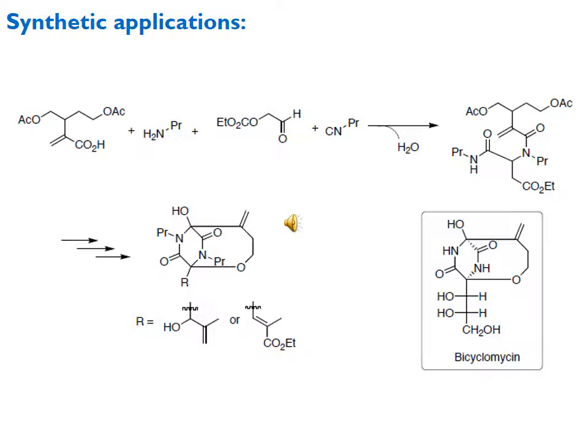The drug bicyclomycin has been synthesized after a number of steps, and one of the steps involves the Ugi product formation, which has been formed from a carboxylic acid, amine, aldehyde, and isocyanate. Four functionalities are treated with the removal of water. We get the final Ugi product, which after a number of steps has been converted into this bicyclomycin product.